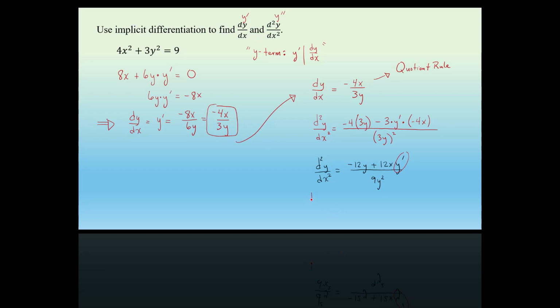And I'll end up with the second derivative is equal to negative 12y plus 12x times negative 4x over 3y all over 9y squared. And of course, you can clean this up and call that negative 48x squared all over 3y.